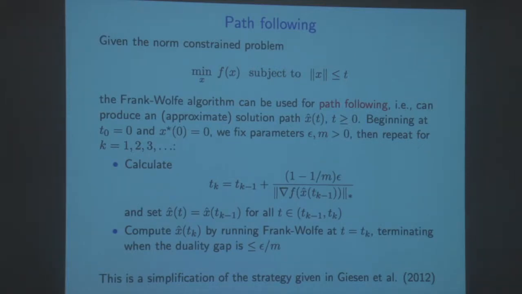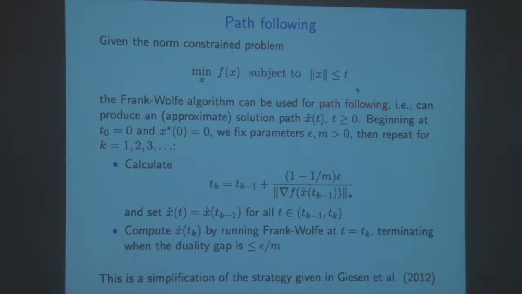We could even use warm starts, and that would give us a discrete set of solutions at a discrete set of points t. But we can actually do more than that with Frank-Wolfe. Unfortunately, since you didn't vote on the exact path following, you won't hear about how to do more than that in some cases by exactly following the path, but you can take a look at the notes from last year or 2 years ago.